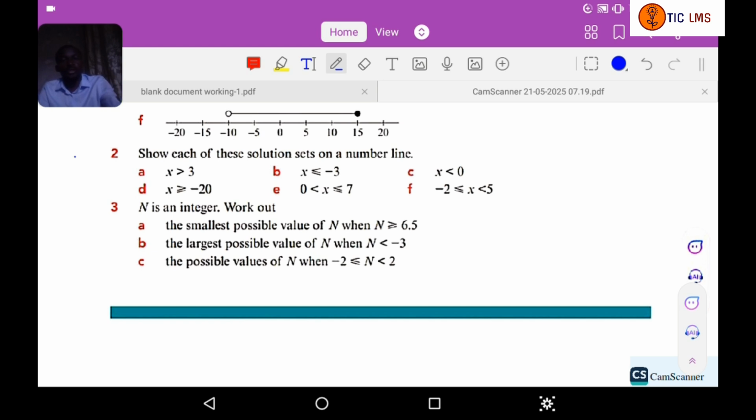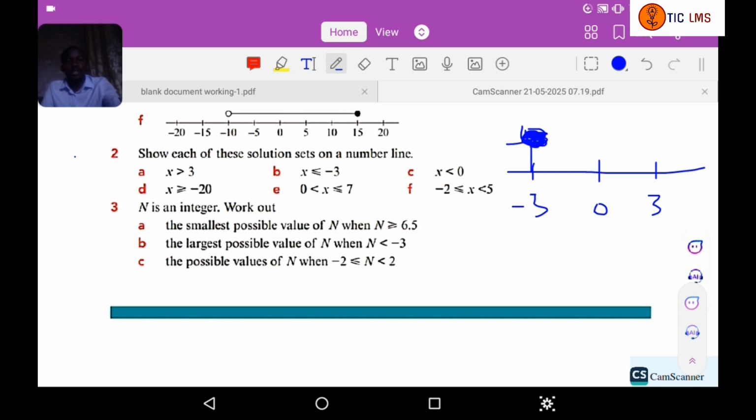So we draw a number line, identify our negative 3 and identify our 3. Now x is less than or equal to negative 3. So we draw a circle and then we shade the circle completely.